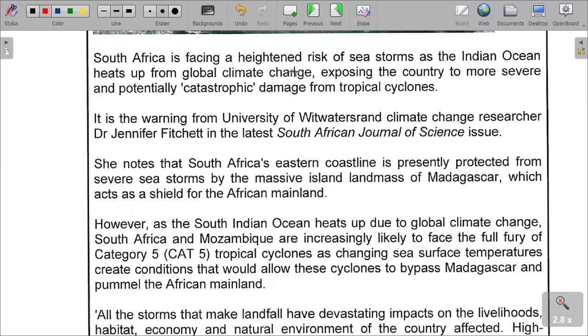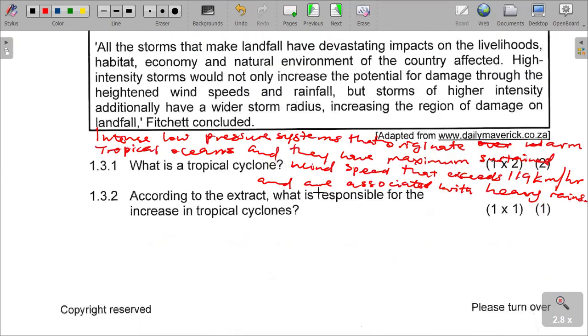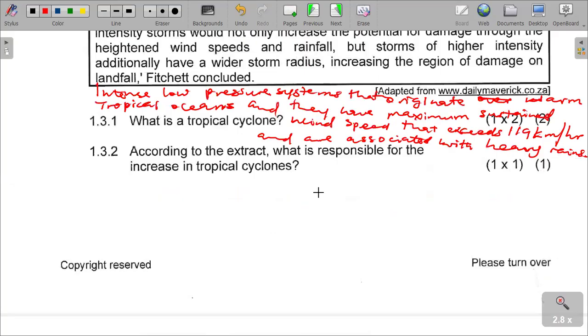South Africa is facing heightened risk of sea storms as the Indian Ocean heats up from global climate change, and severe potential catastrophic damage from tropical cyclones. So the chances of these tropical cyclones are high because of global warming or climate change, as we can see there.